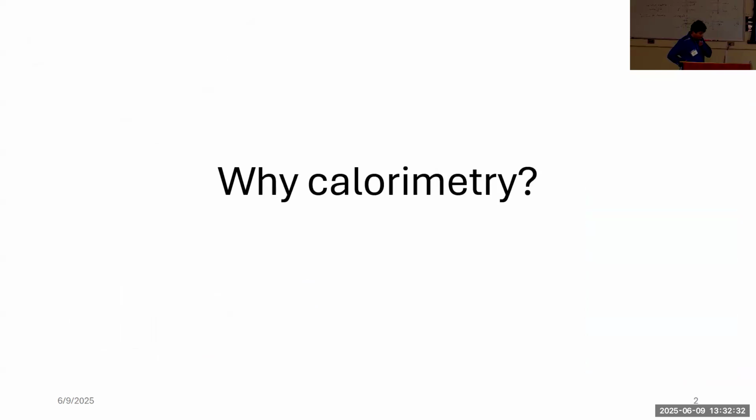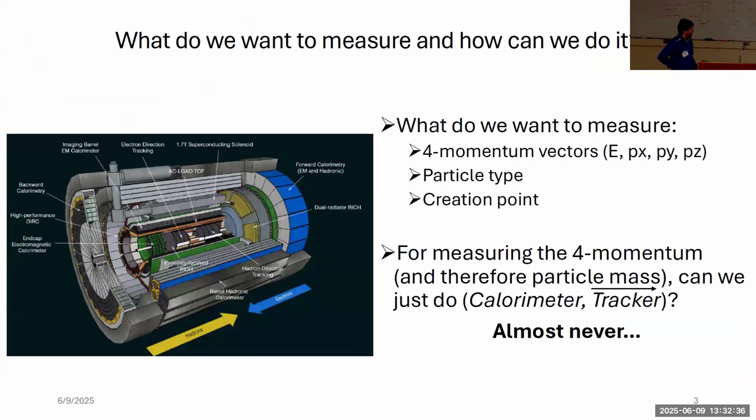To start, let's talk about why calorimetry in general. I think the most straightforward way to think about this is to ask the question, what do we actually want to measure for any given particle or collection of particles inside a detector? We have particles that live long enough that they can stream into our detector and be measured.